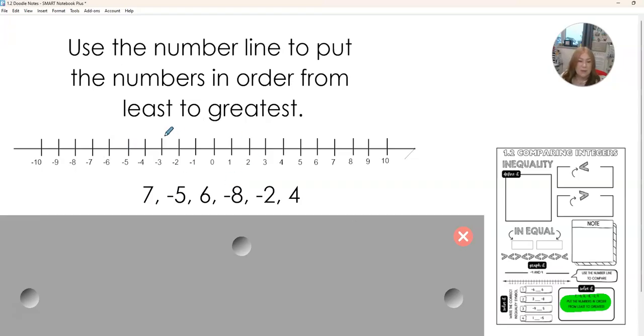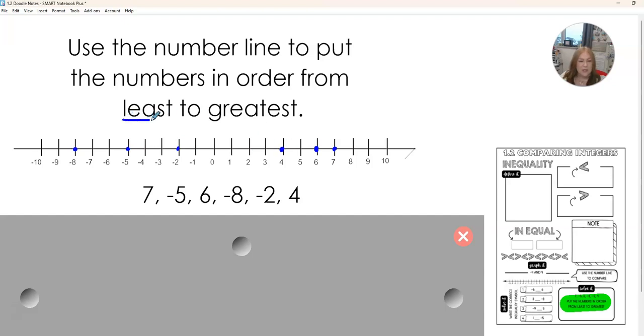And last, we are going to put these numbers in order from least to greatest. So we're going to mark on our number line. You can erase if you need to from your other ones. So we have 7, so +7. Then we have -5. We have +6. And then -8, -2, and +4.